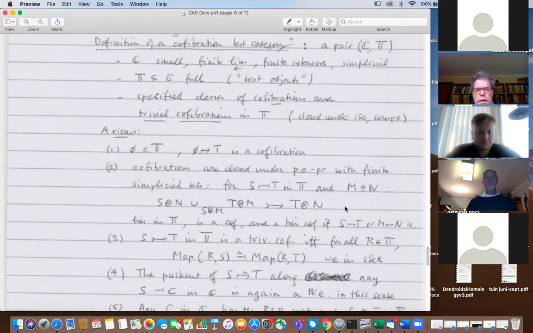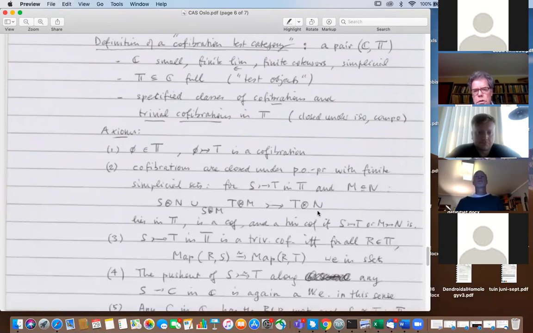Secondly, these test objects should satisfy the push-out product property. So I spelled it out here. If you have a map in T and an inclusion of finite simplicial sets, and you know that this map is a cofibration, then the push-out product map is again a cofibration. So if you see this type of map for the first time, you have a small object and a big object, and a small object and a big object.